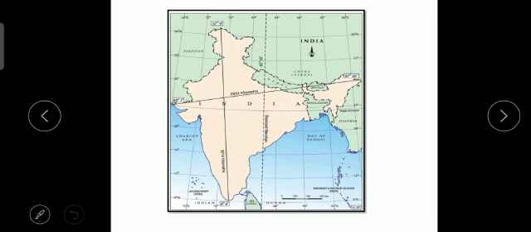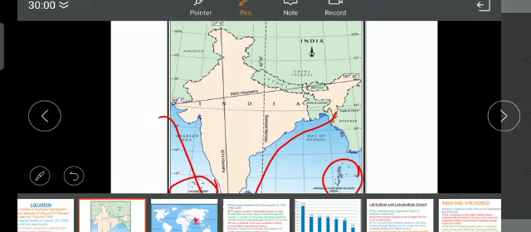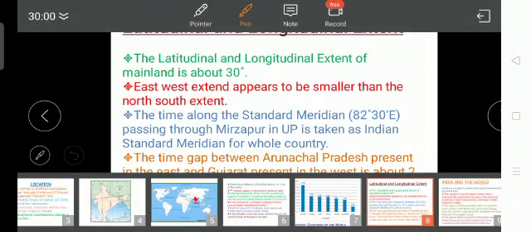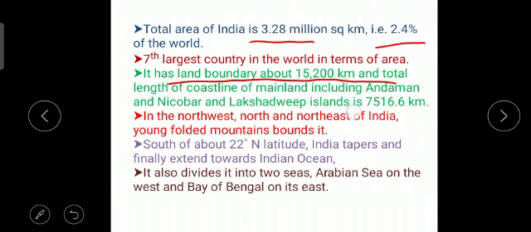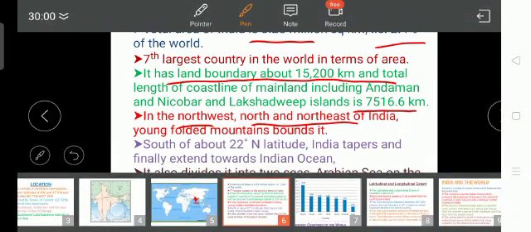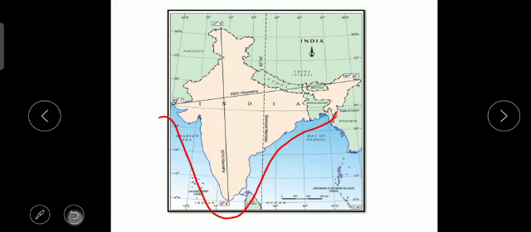And the coastline of India is from Gujarat to West Bengal, also including the Andaman and Nicobar coastline and the Lakshadweep coastline, and this is about 7,516 kilometers.